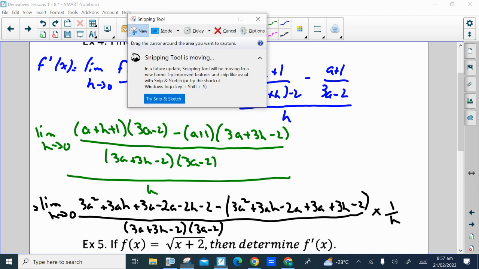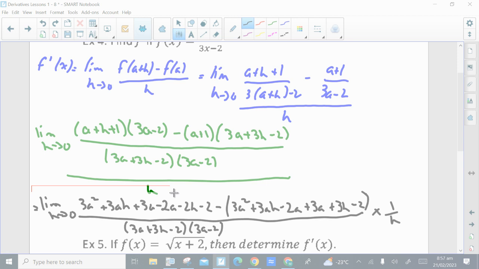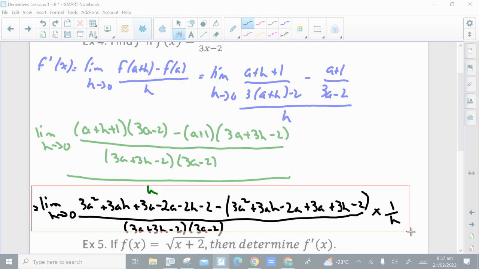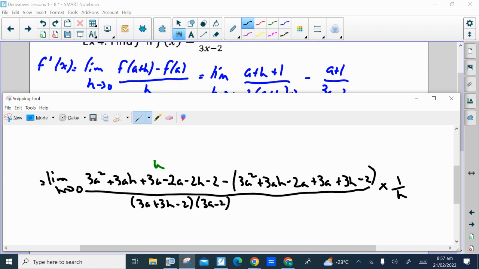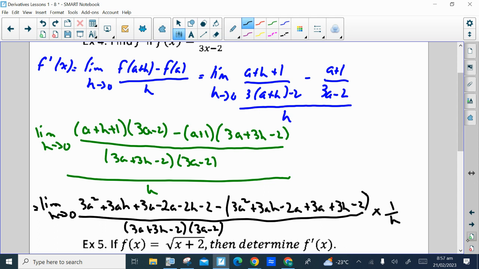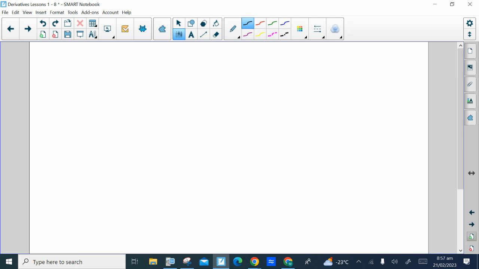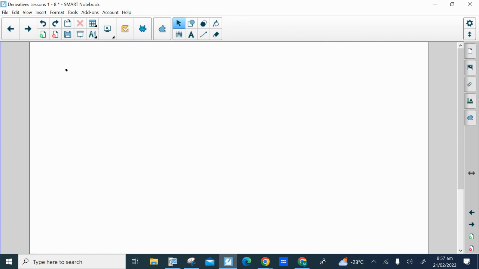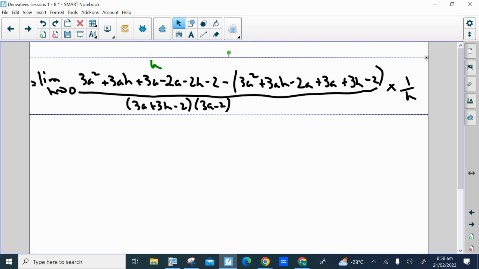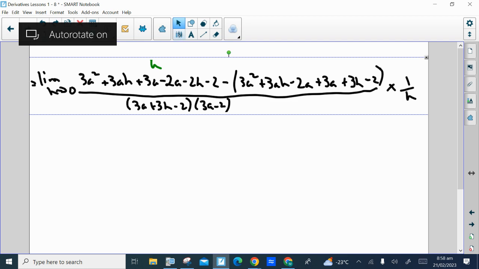I'm just going to snip this to a new page here, because I kind of ran out of room.